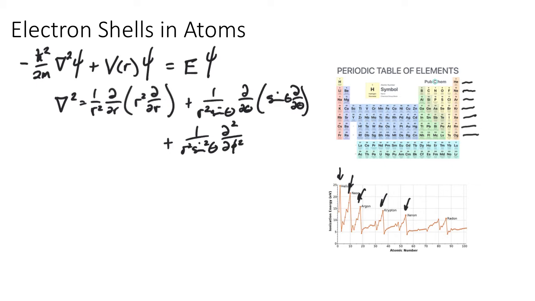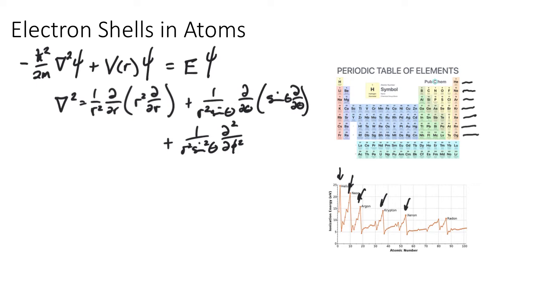So we have the radial derivatives arranged like this, the polar angle derivatives like this, and the azimuthal angle derivatives here. Note that only the r component appears in the potential.